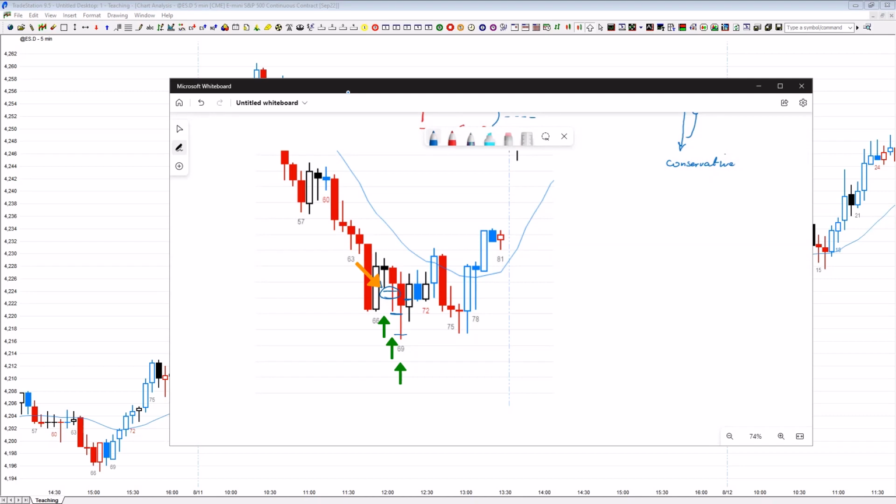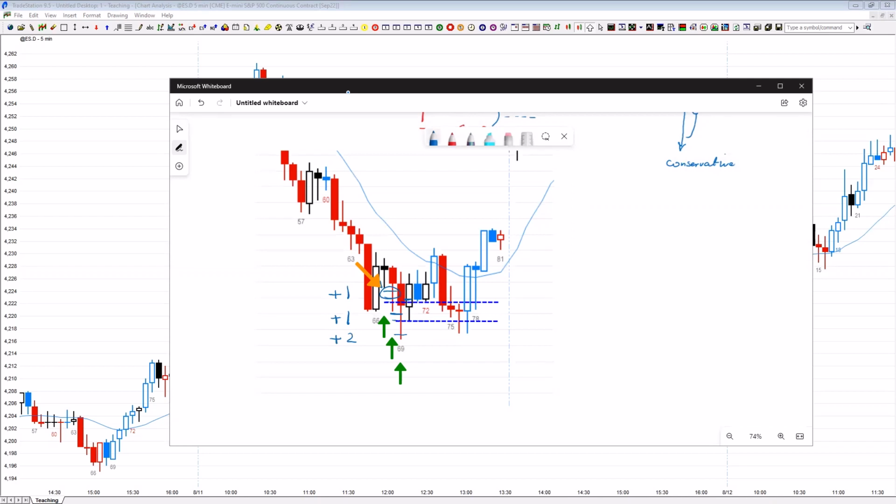So let's say if this was +1 and this was +1 and this was +2, now your cost average between these two is here, and your cost average between these two is the middle of the prior cost average to the new entry. So the new cost average is here.